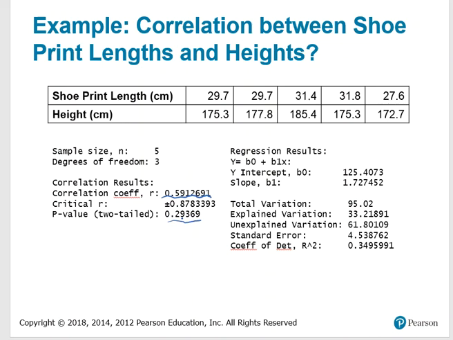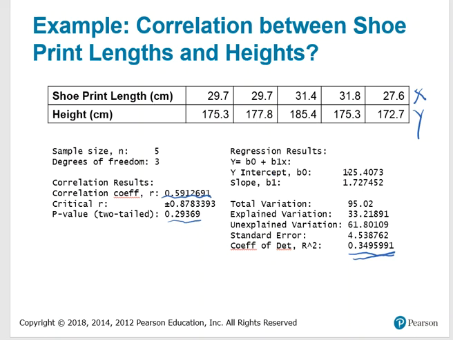We also have what's called an r-squared value, and I'm going to go ahead and talk about that now. All they did was they took our r value and they squared it, and what this helps us know is how much of the explanatory variable explains the response variable. In this case, I used the shoe print length as my x and the height as my y, and I plugged it in.